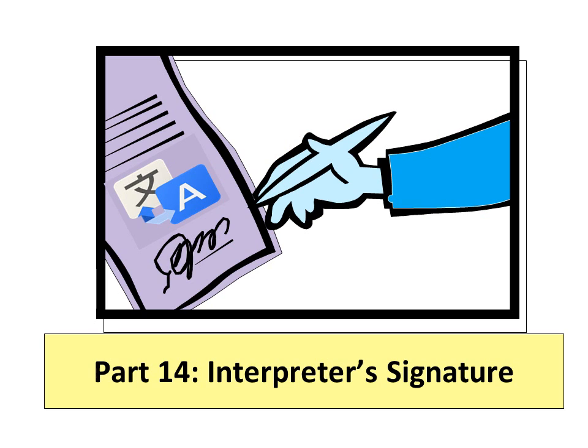Part 14, if you use an interpreter, they ask the interpreter to sign. If you do not use an interpreter, then you do not have to fill out this section of the N400.